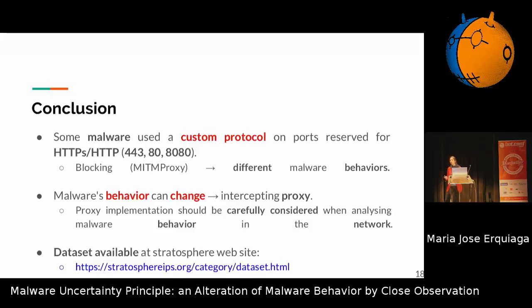So now we can say that malware behavior can change because of the interception proxy. A proxy interception should be carefully considered when analyzing malware behavior. Our dataset is also available, so if anyone can observe anything else, here you have the link to access.